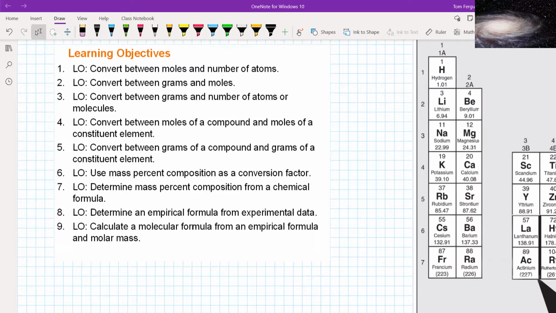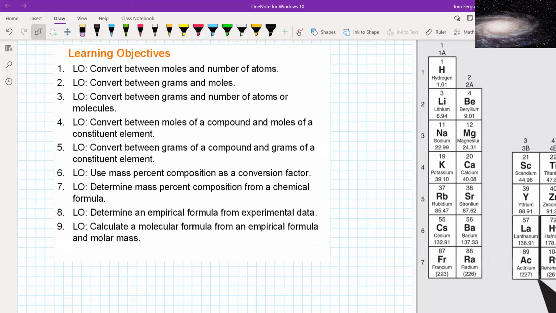Now this is what we're going to be using: hydrate. Hydrate means molecule of water. I'm going to heat it up really hot, and that's going to drive off the water. And then we're going to get a percent water and an empirical formula.